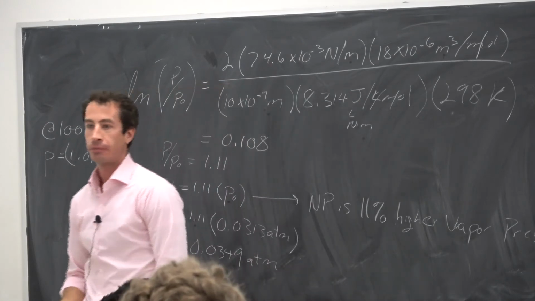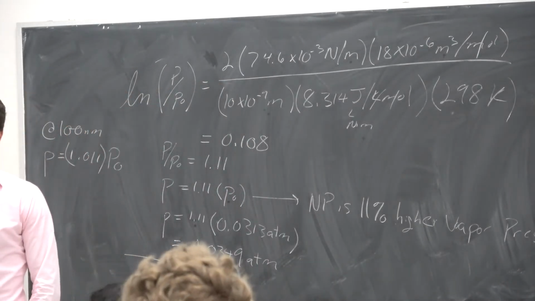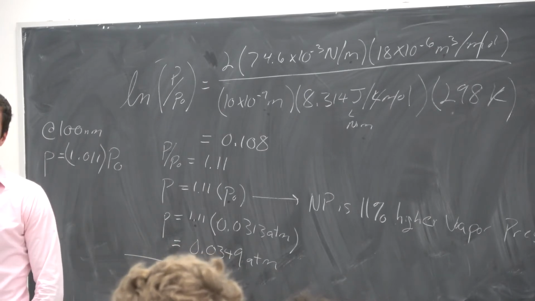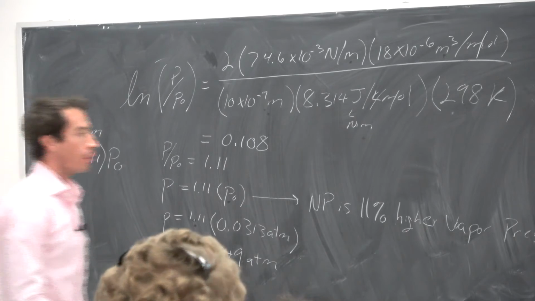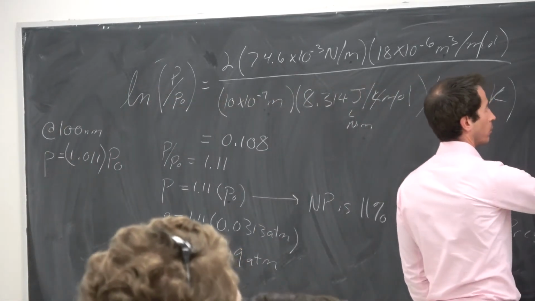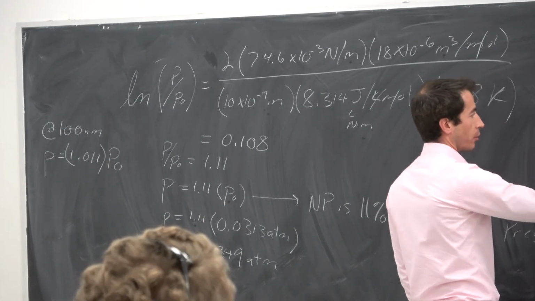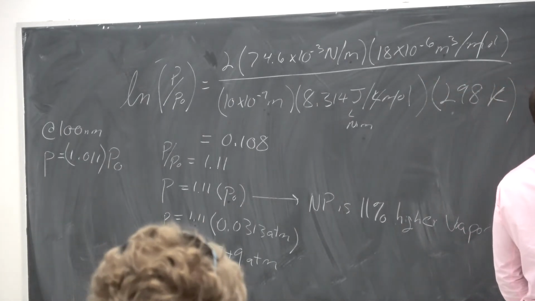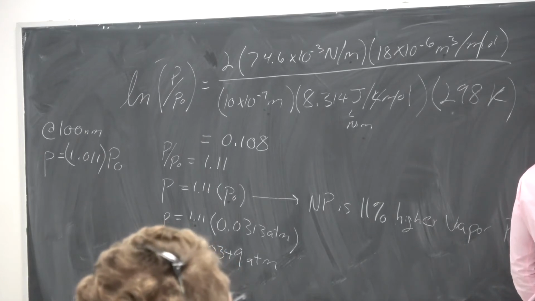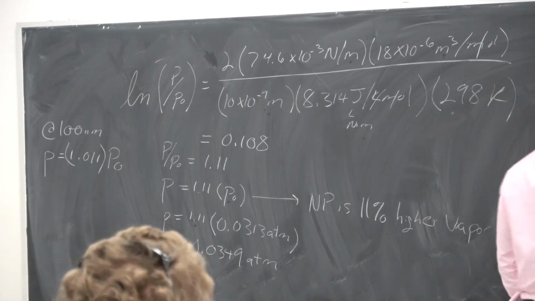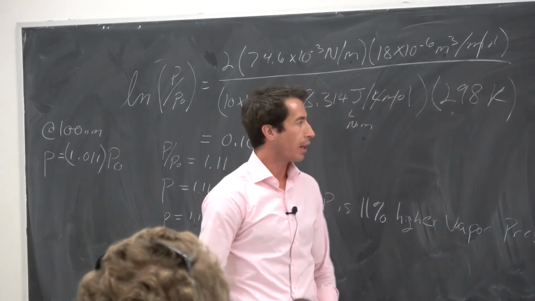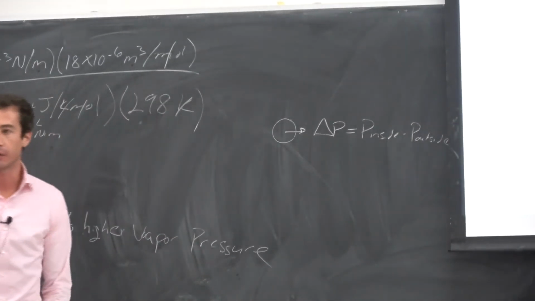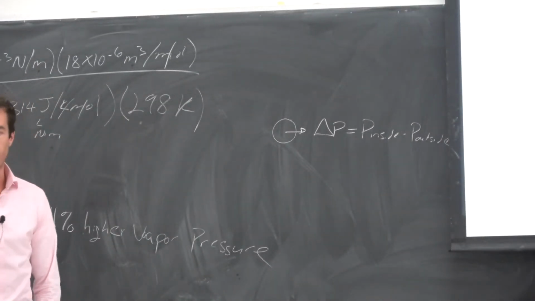So intuitively, why is the vapor pressure of the water droplet equal to the bulk plus the Laplace pressure? Okay, so we know that our delta P is the P inside minus the P outside. And so there's some pressure here for this droplet.